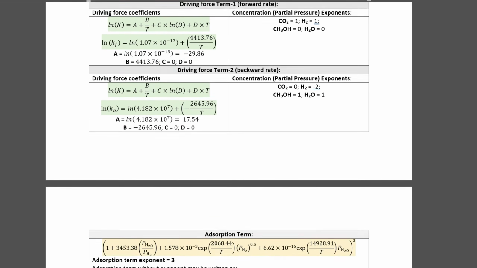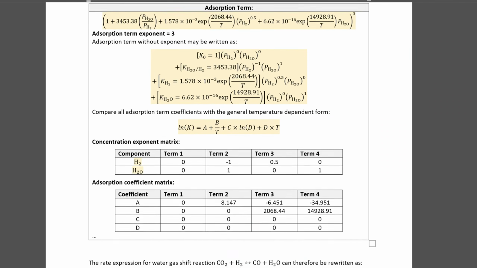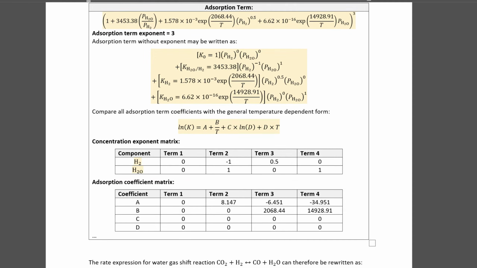The way they are defined in Aspen Plus is the matrix representation: matrix representation for the concentration exponents and matrix representation for the adsorption coefficients. So this adsorption term can be rewritten in terms of the constant multiplied by the concentrations. The first term is equal to 1, and that means it can be written as 1 multiplied by the concentration raised to the powers of order of reaction.